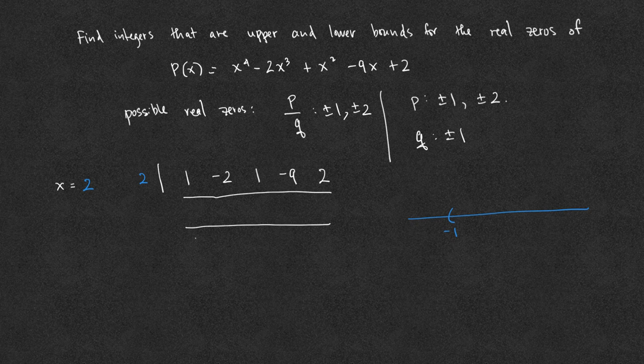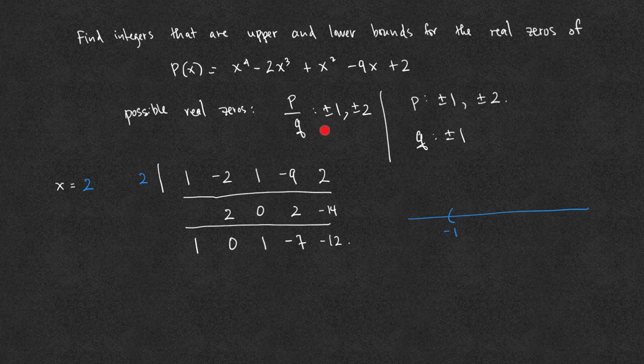We bring down 1. 1 times 2 is 2. -2 plus 2 is 0. 0 times 2 is 0. 1 plus 0 is 1. 1 times 2 is 2. -9 plus 2 is -7. -7 times 2 is -14. 2 plus -14 is -12. Since the remainder is not 0, x equals 2 is not a zero of the polynomial.